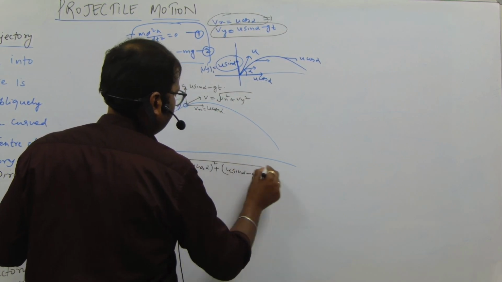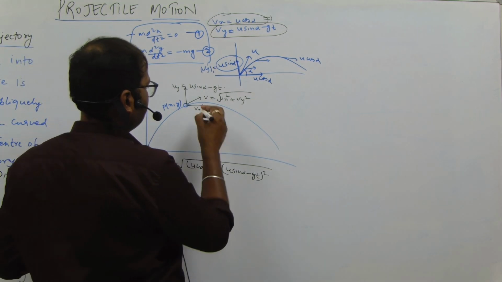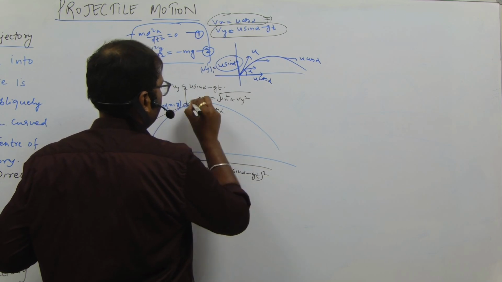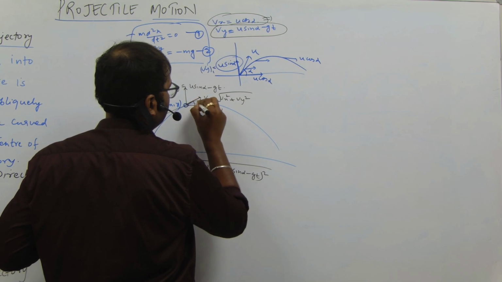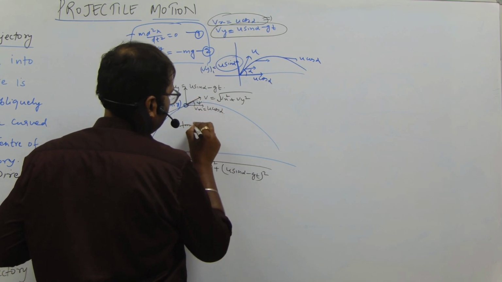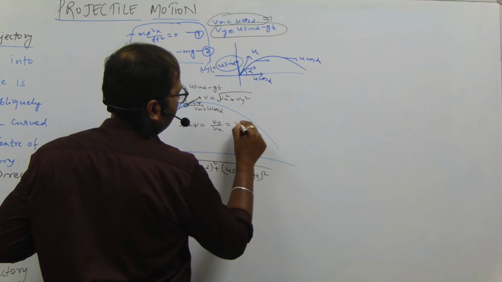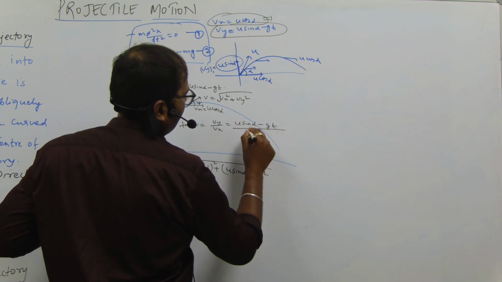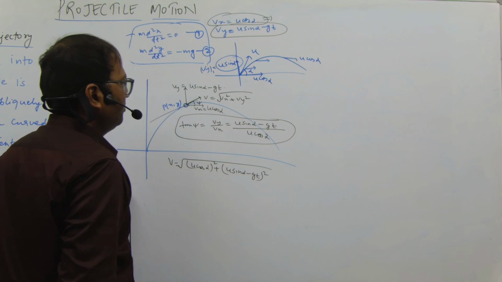Now what will be the angle if we draw the tangent at any particular point? Let us consider this as psi. So tan of psi is equal to Vy upon Vx, which is equal to (u sin alpha minus gt) upon u cos alpha. This is the angle made by the tangent with the horizontal.